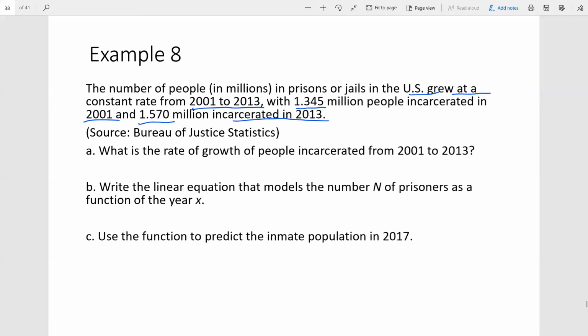And we want to answer the questions here. What's the rate of growth of people incarcerated from 2001 to 2013? We want to write a linear equation that models the number n of prisoners as a function of the year x, and then use the function to predict the inmate population in 2017.